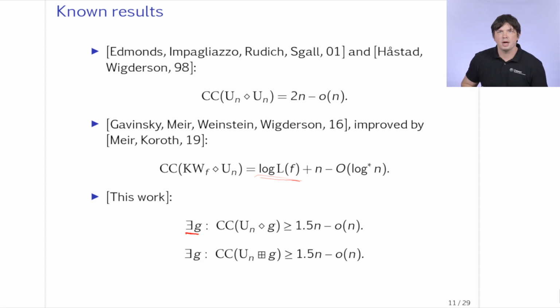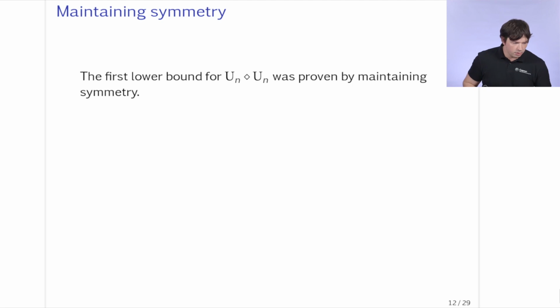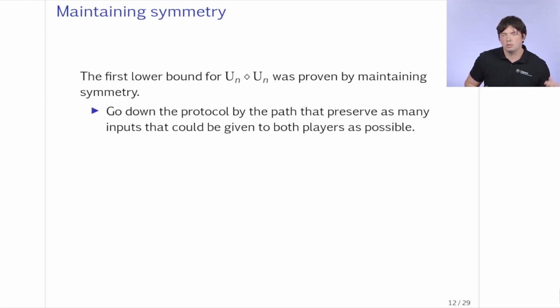And let me tell you why I'm so optimistic about this whole affair. The first result by Raz and others was that composition of two universal relations was proven by maintaining symmetry. So you go down the protocol, and what you're trying to do is to maintain as many possible inputs as can be given to both players.